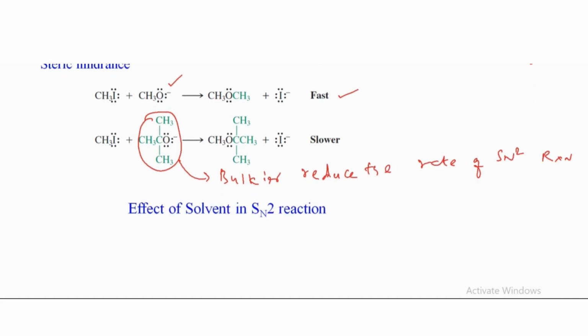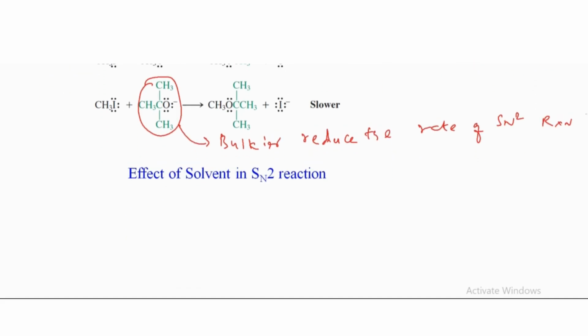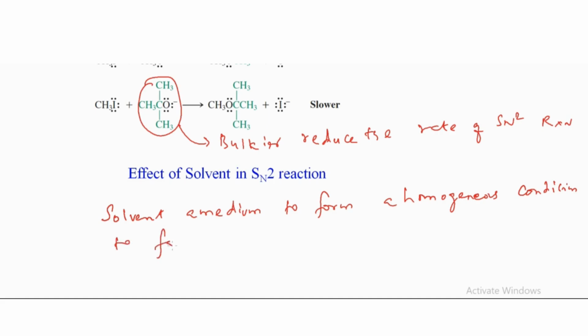The next is the effect of solvent. First of all, we should know what the purpose of the solvent is. A solvent is a medium to form a homogeneous condition to facilitate the reaction.